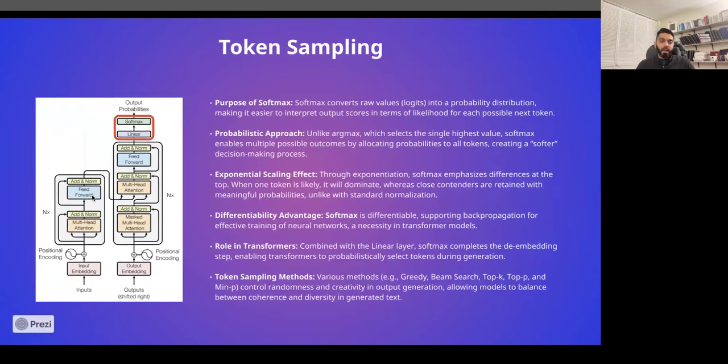What token sampling is essentially is the idea of de-embedding the embeddings that get created at the output. So if you look at the highlighted box in red, at that point, right after the add norm, we essentially have output embeddings, which have to be converted into a certain word, a token at the output, right?